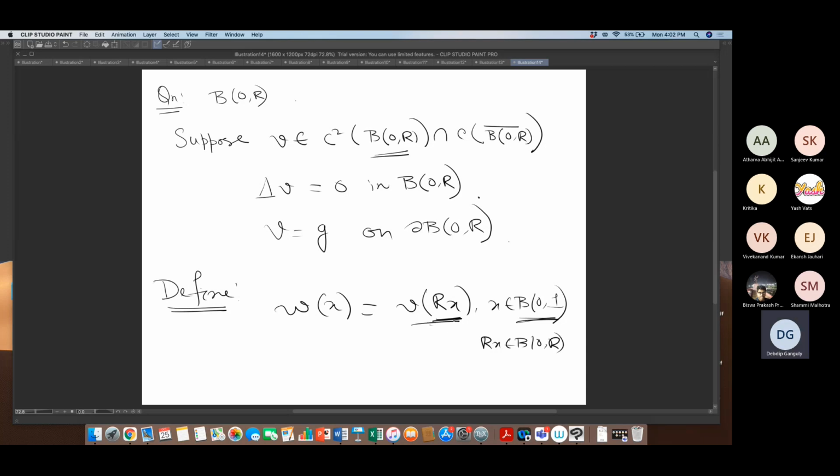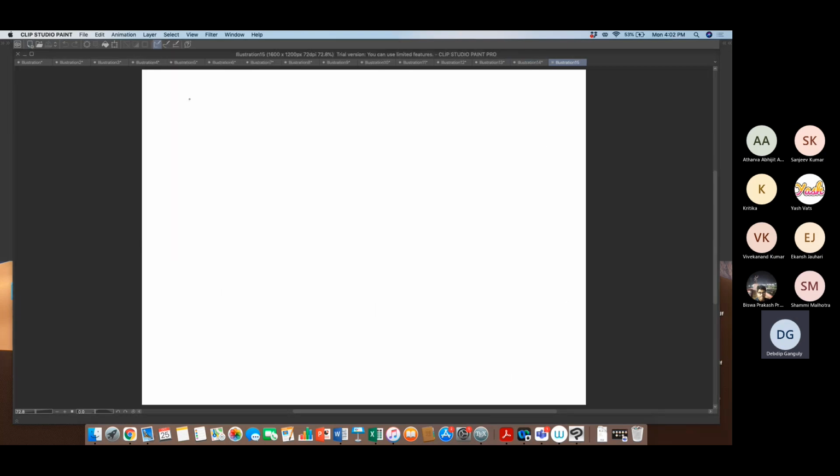Okay, then clearly the Laplacian of W at some point x is equal to the Laplacian of V at the point Rx. For any point in B(0,R), the Laplacian of V is 0, so that is equal to 0. So what is the boundary condition V satisfies? W(x) = V(Rx) = g(Rx), because at the boundary V is given to be g(Rx) when |x| = 1.